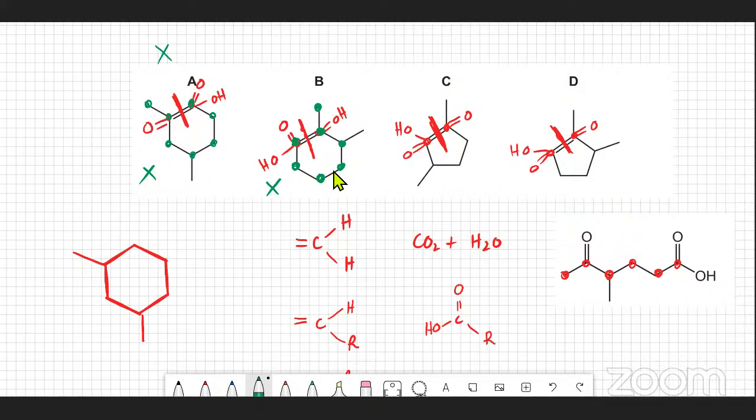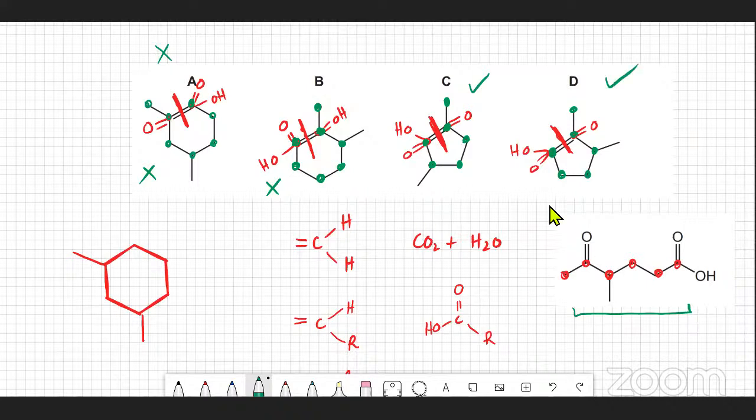So what about this one? This one has 1, 2, 3, 4, 5, and 6 carbon atoms in a straight line, so that's a possibility. This one also has 6 carbon atoms in a straight line. So this part matches for both of them, and both of them are candidates for your answer.